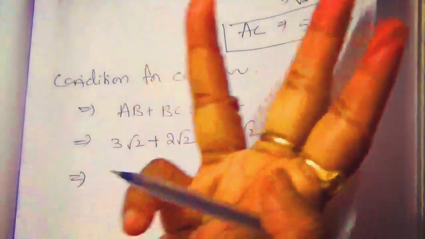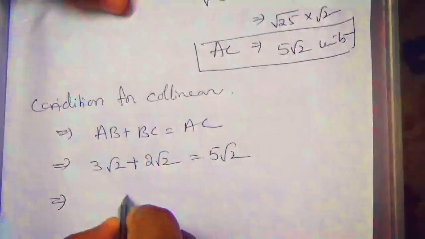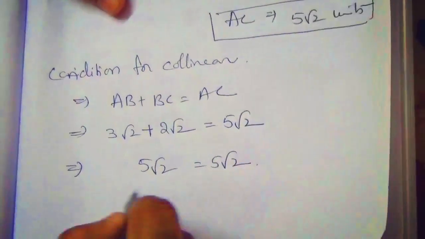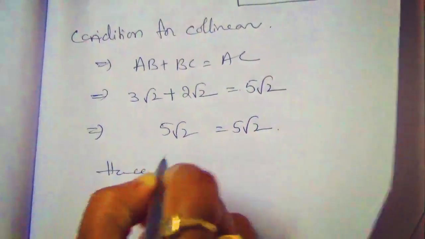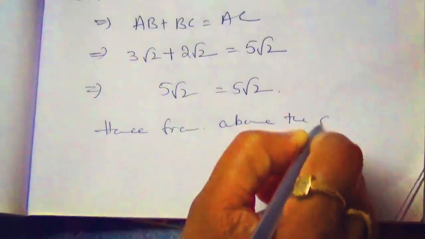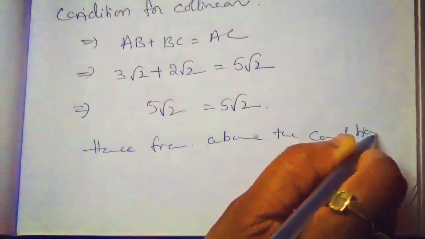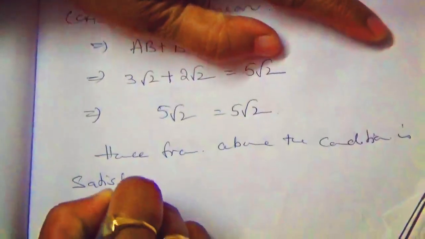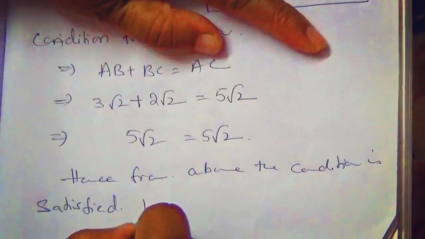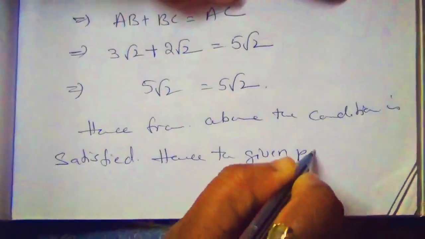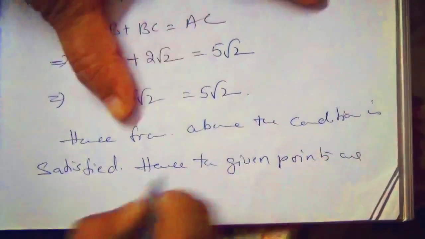That implies 3 root 2 plus 2 root 2, 5 root 2 is equal to 5 root 2. Here these two are same. Hence, from above, the condition is satisfied. Hence, the given points are collinear.